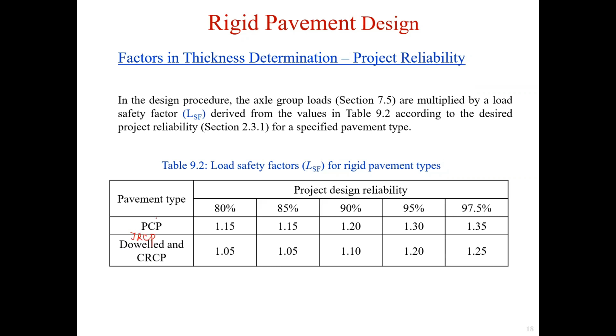The LSF can be taken from the table according to the project design reliability in between 80% and 97.5%. The load safety factor provides a certain degree of conservatism by allowing for the possibility of unpredicted heavy truck loads and a higher level of pavement serviceability.